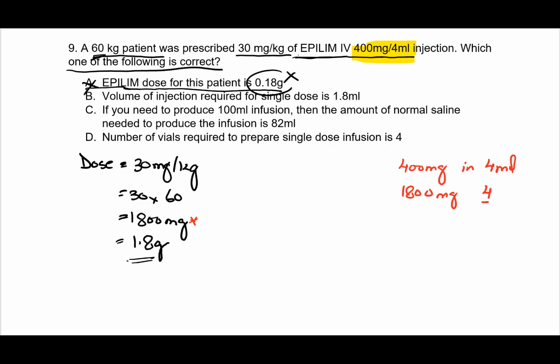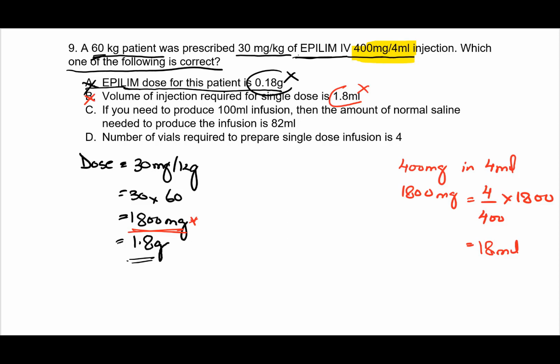So that would be 4 divided by 400 times 1800, which is 18 mils. So the dose of 1800 milligrams, which I have to give, will be present in 18 mils of this injection, and here it's given 1.8. So that's wrong as well. So B is wrong.